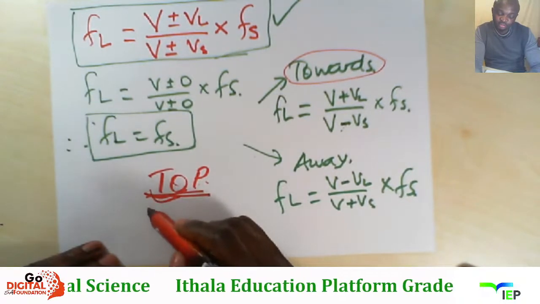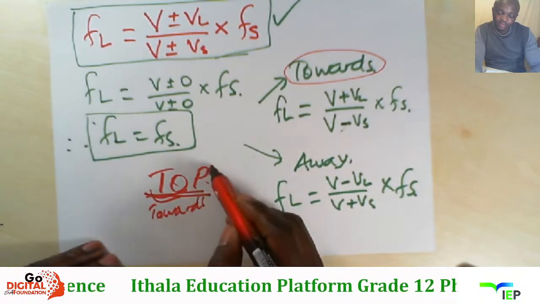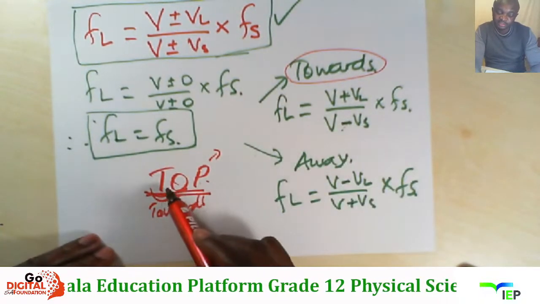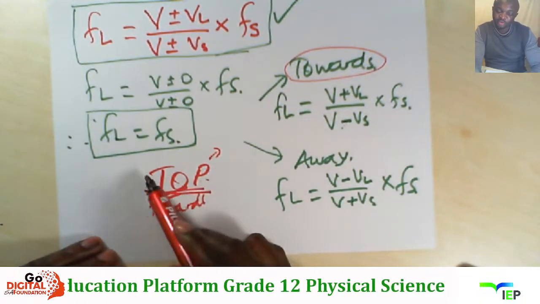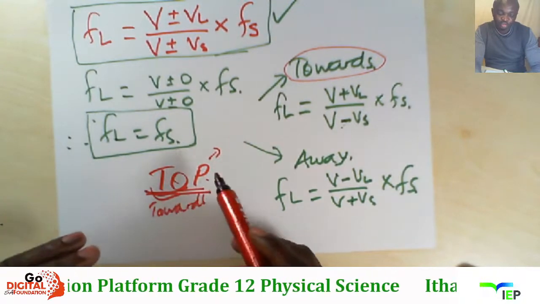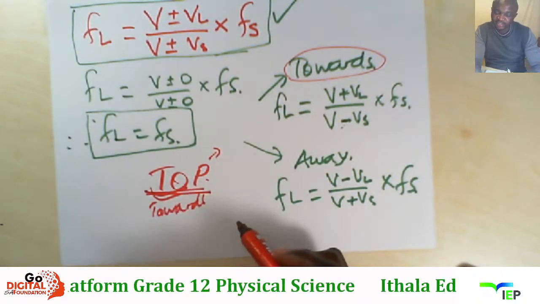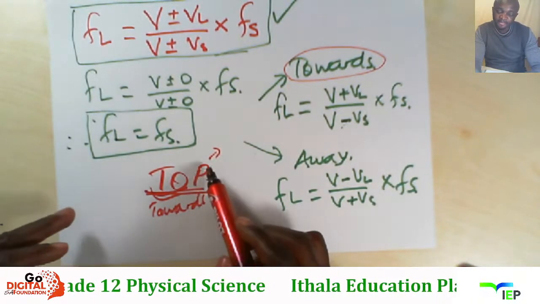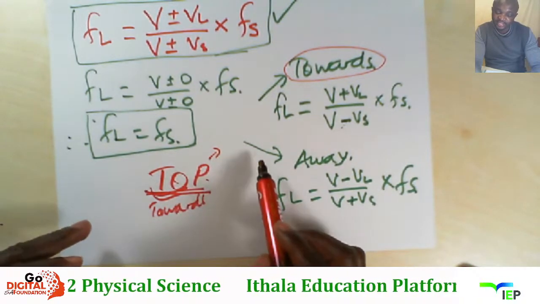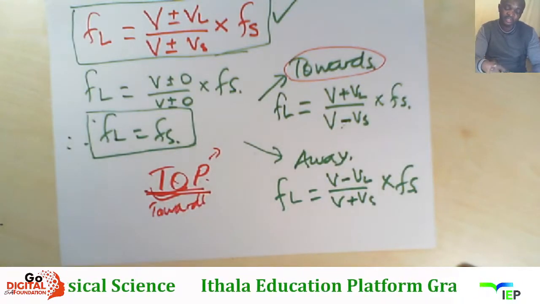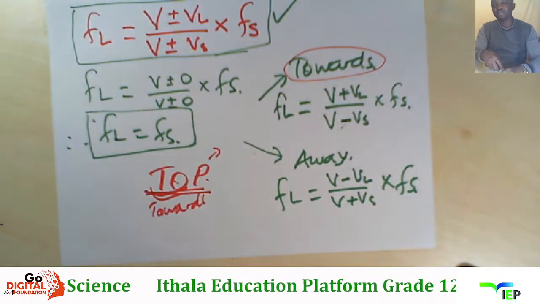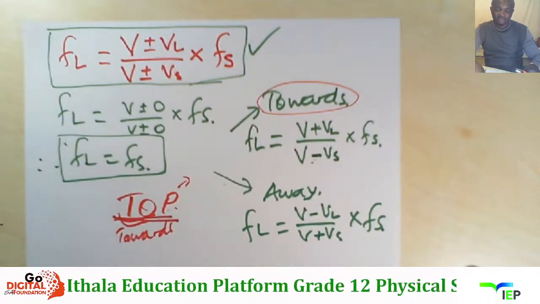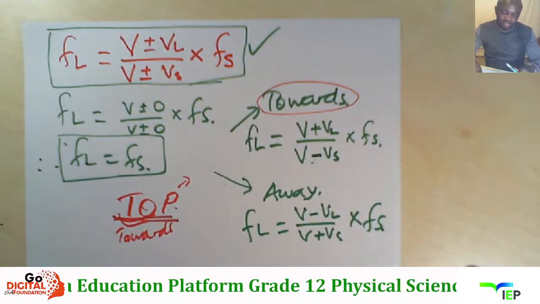It represents the velocity toward, right? So toward is positive on top, and definitely the denominator will be minus. When you move away, the top will be negative and the bottom will be positive, right? Then you can apply that, and when you apply the formula, it will be okay.